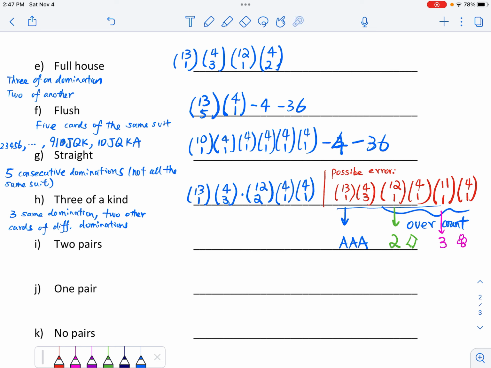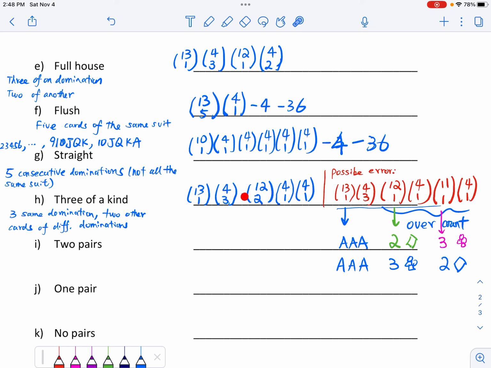Obviously, in this counting, this will be considered as different results. Using the multiplication rule here, this is actually treated as different from that. However, they are actually the same results. They should be considered as the same poker hand.